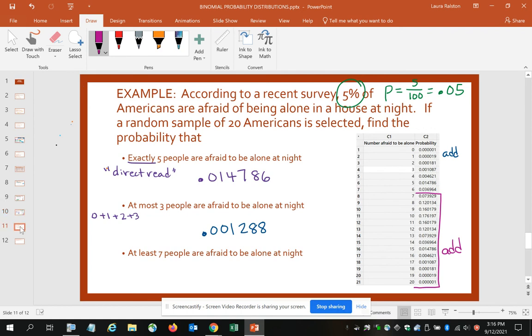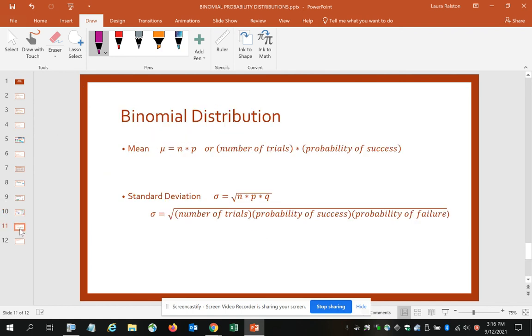The last thing that I want to mention here is that we can find the mean and the standard deviation of a binomial distribution. The mean is the number of trials times the probability of success. The standard deviation is the square root of the number of trials times the probability of success times the probability of failure.